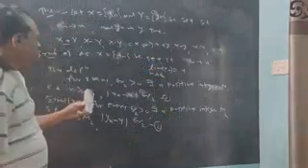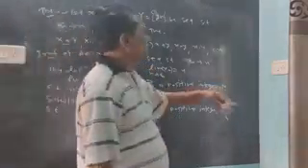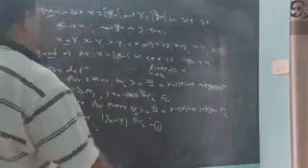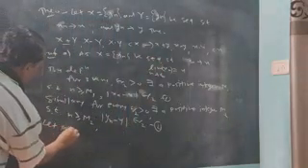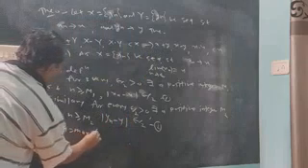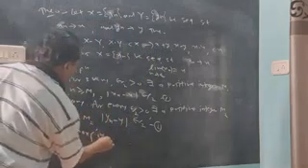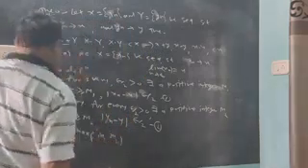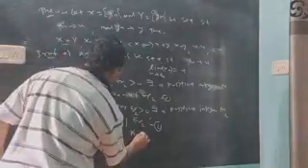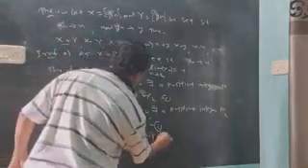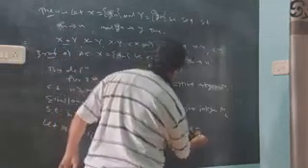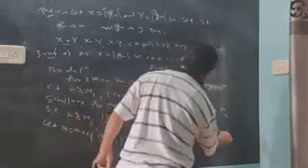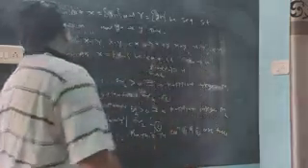Now the problem is here m1, here m2, but in the final result I want only a single m and single epsilon. So let m be the maximum of these two numbers, m1 and m2. For this m, equations 1 and 2 both hold, because it is the maximum of m1 and m2.